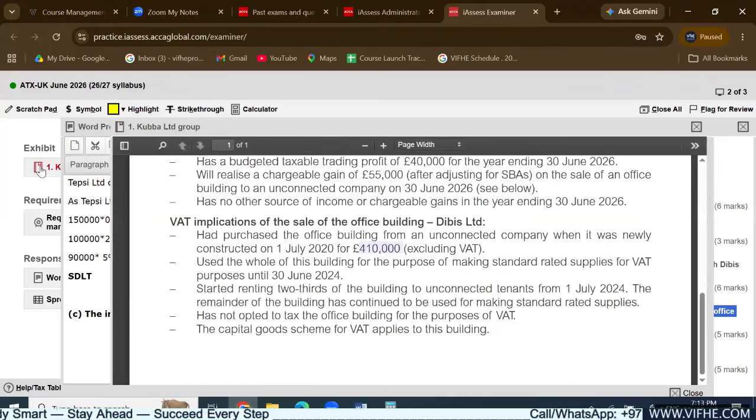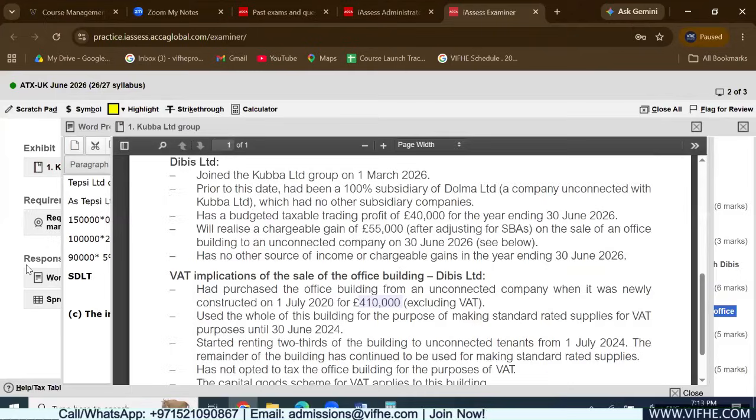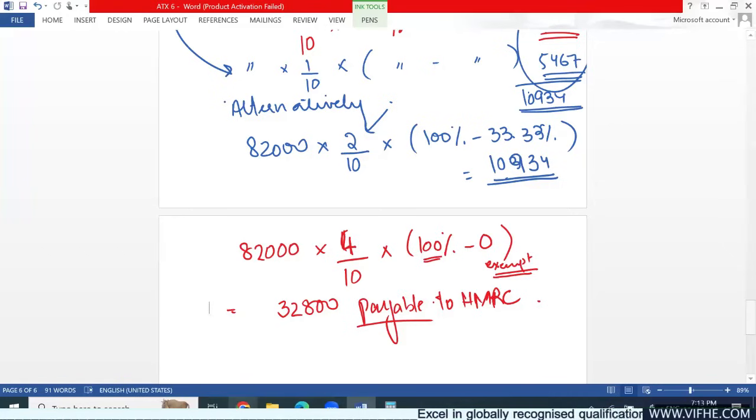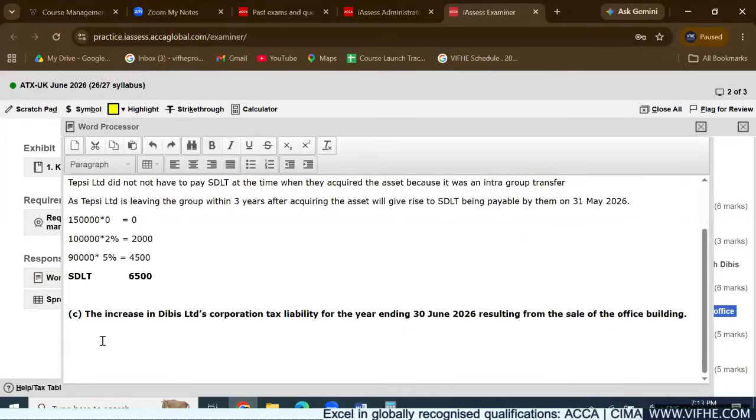First of all, the company is going to dispose of the office building for a gain of 55,000 pounds. The company already has a trading profit of 40,000 pounds. So from 40,000, their overall taxable total profit will be increased to 40 and 55, that makes up 95,000 pounds. So I'm just going to write it down on the response sheet.